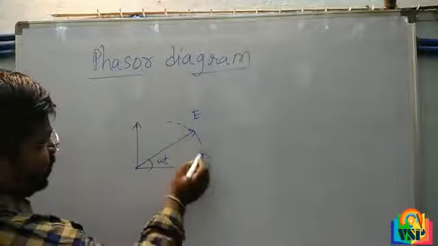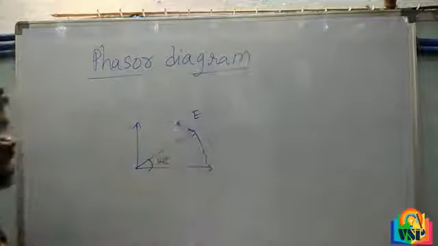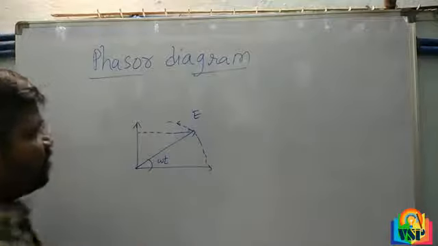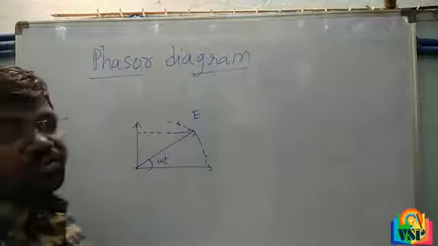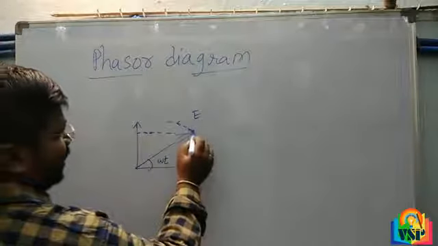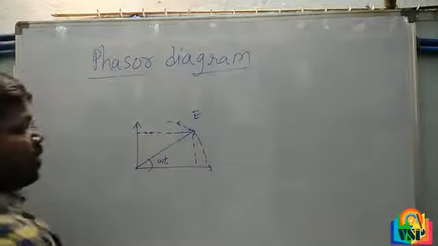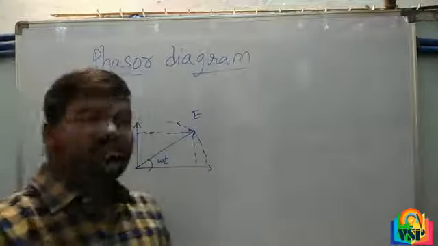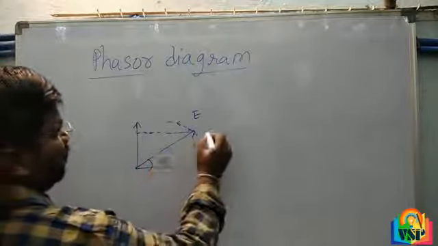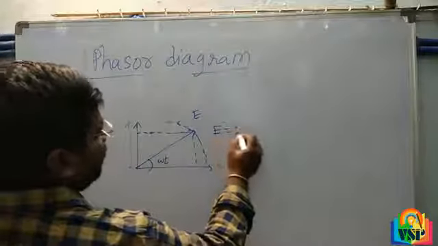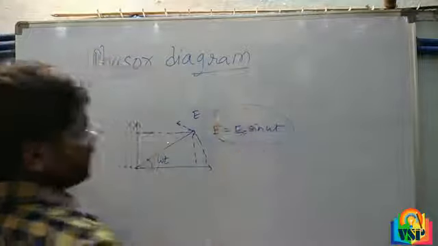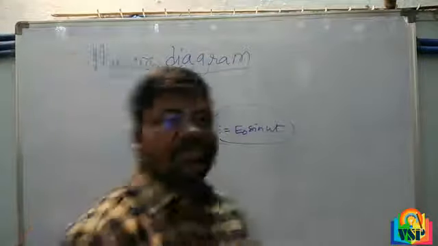The length of the EMF vector gives the peak value. Already I said the alternating EMF can be represented as a function E is equal to E naught sine omega t.